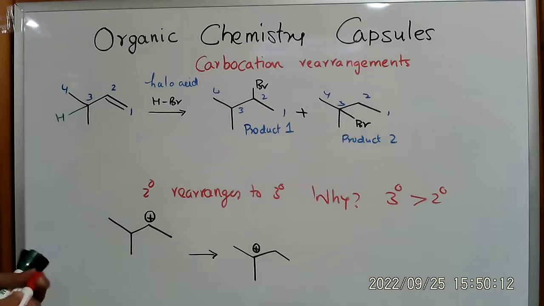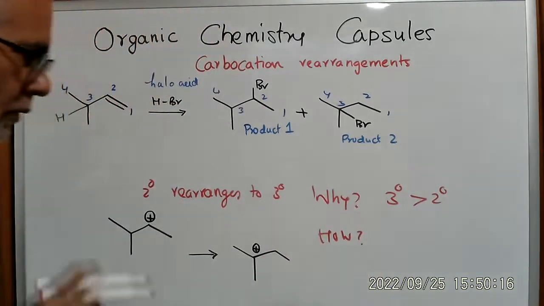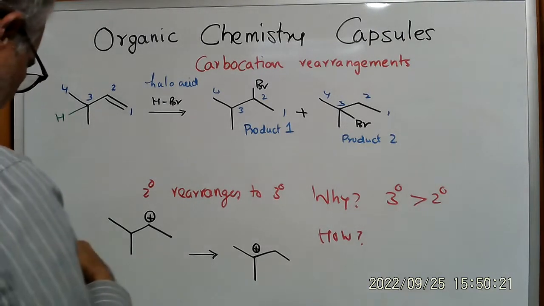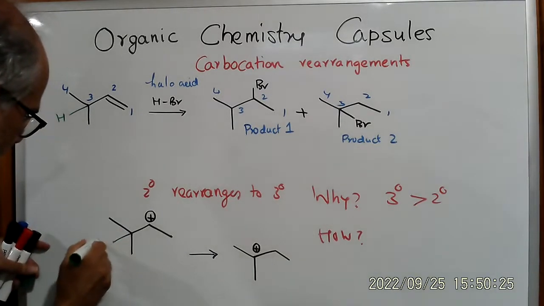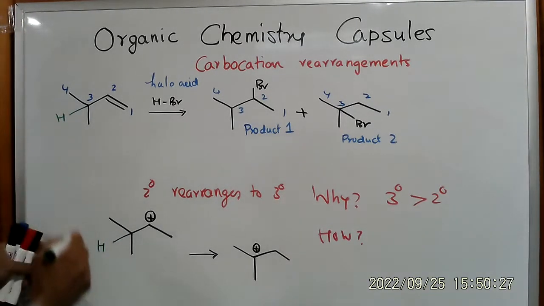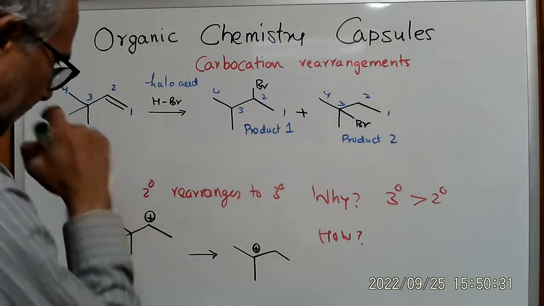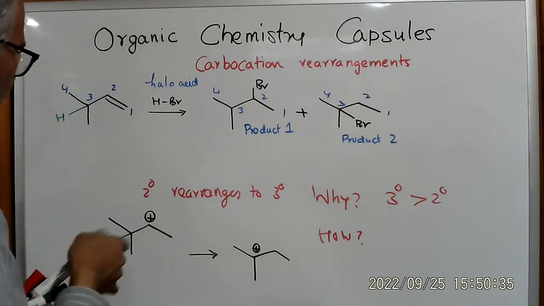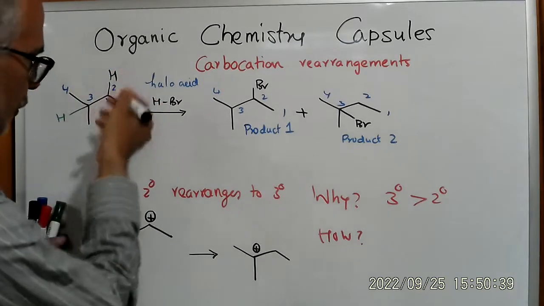So how? Notice I have highlighted this hydrogen in green because I have a purpose for that hydrogen. I'm putting the hydrogens there because we need to look at them.